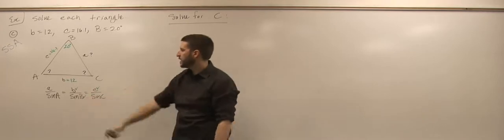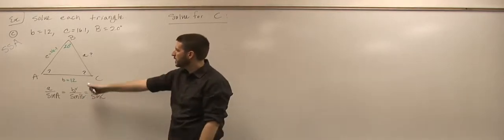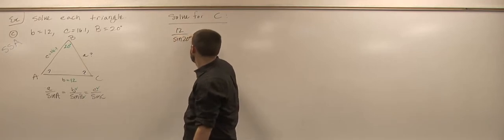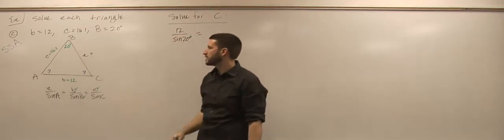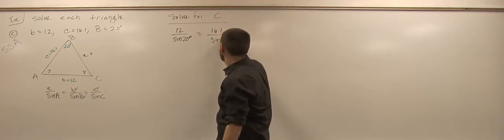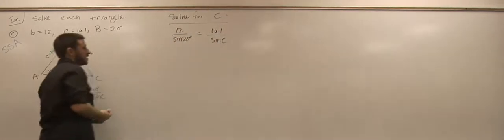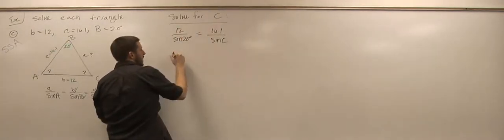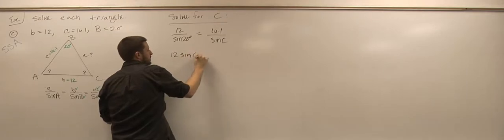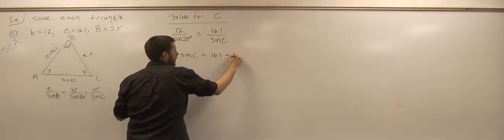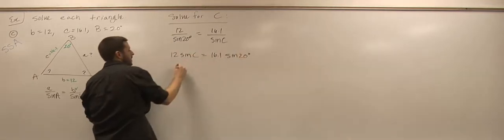So I'm going to set up this equation here: little b over sine big B, 12 over sine 20, equals little c over sine big C, 16.1 over sine C. Do your cross multiplication to bring up the denominators. 12 sine C equals 16.1 sine 20. Divide.